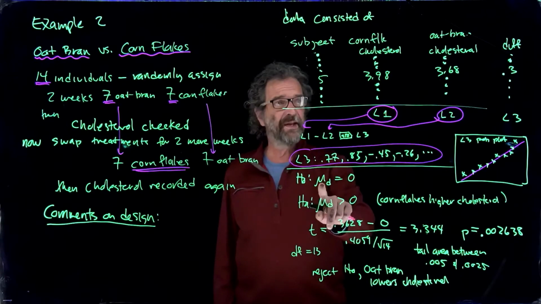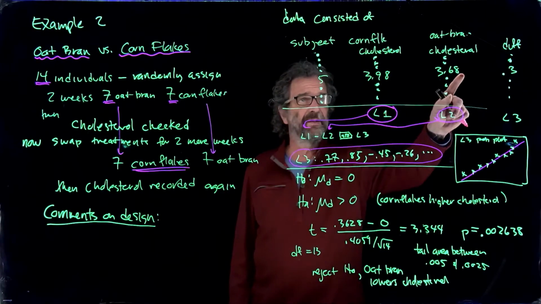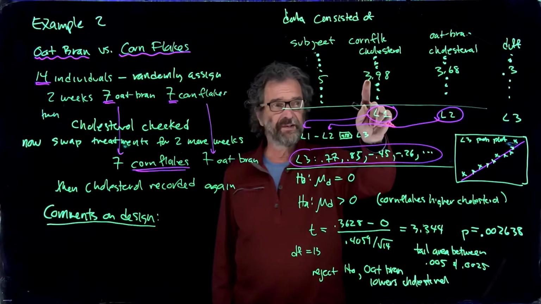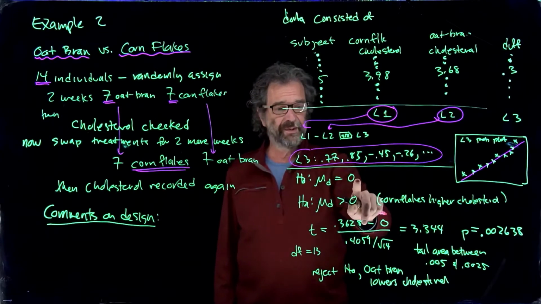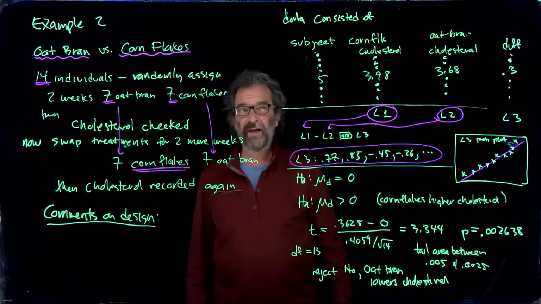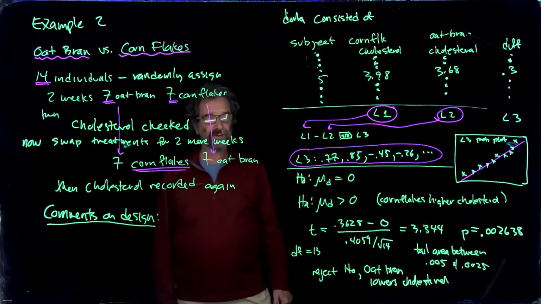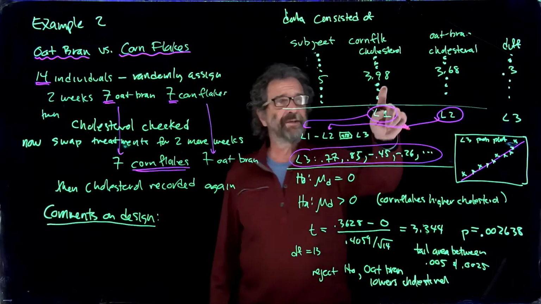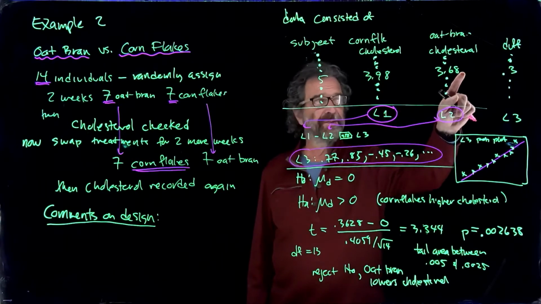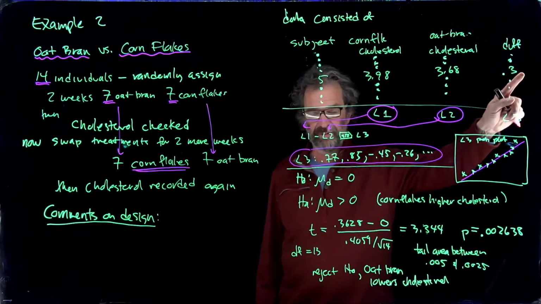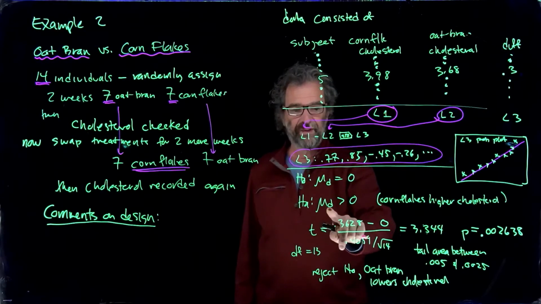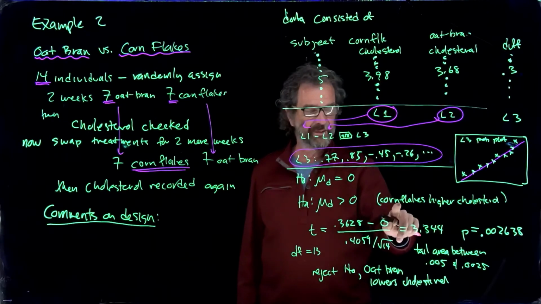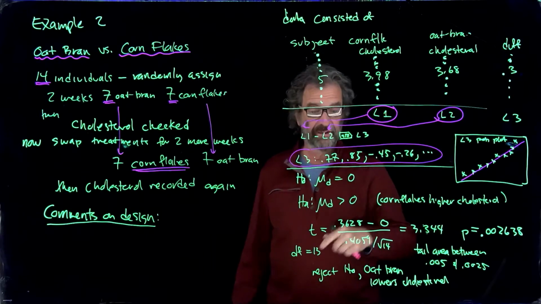So you would expect the cholesterol levels to be the same on the oat-bran and cornflake sides of the subject's measurements. And so the average difference should be something like 0. And then if oat-bran seemed to work and lower cholesterol, I'd expect the cornflake numbers to be higher than the oat-bran cholesterol numbers. So when I take these differences, they're mostly positive, and positive enough that I think the mean for the differences is greater than 0. So cornflakes have higher cholesterol is the alternative.